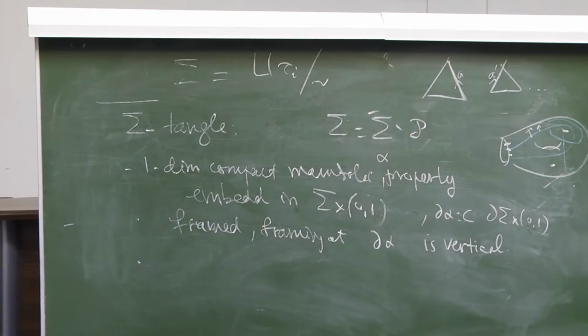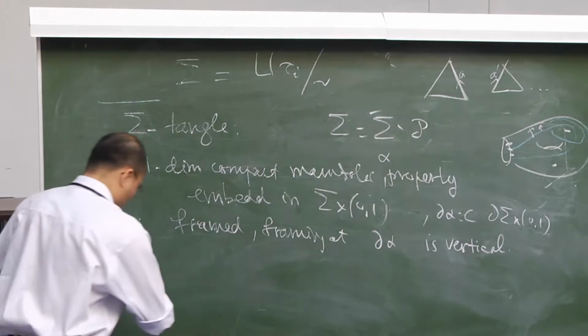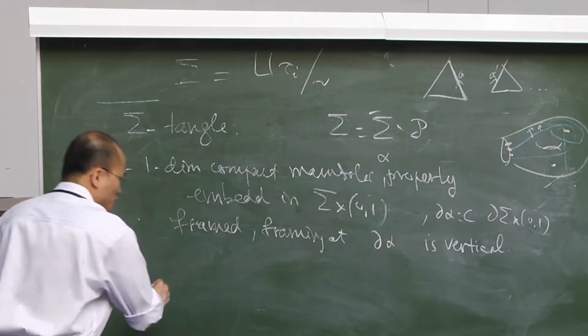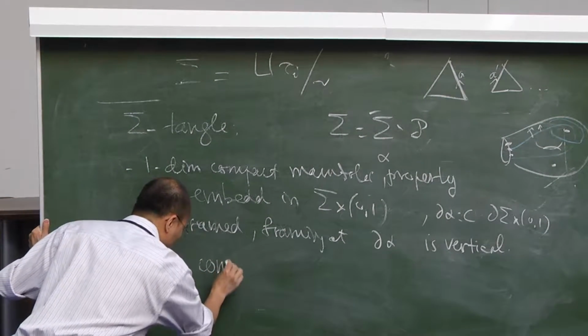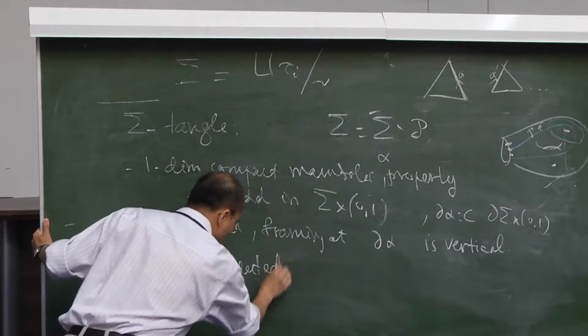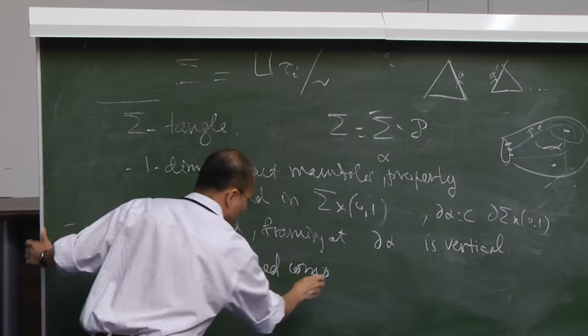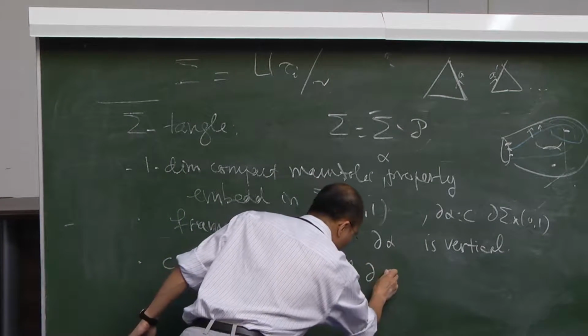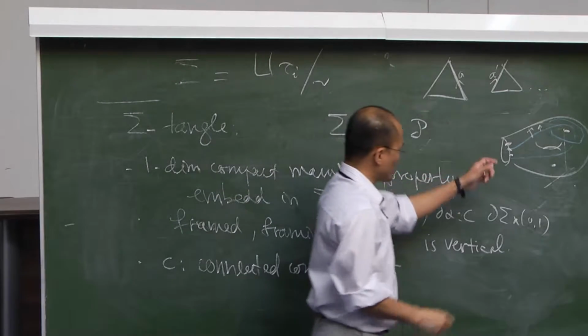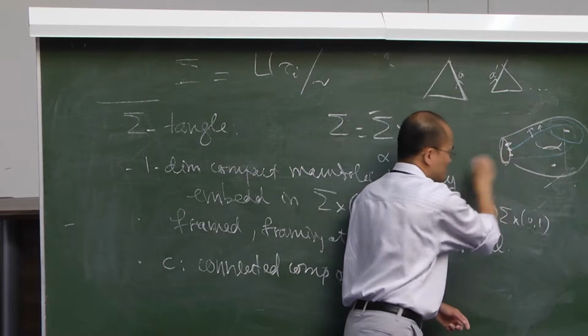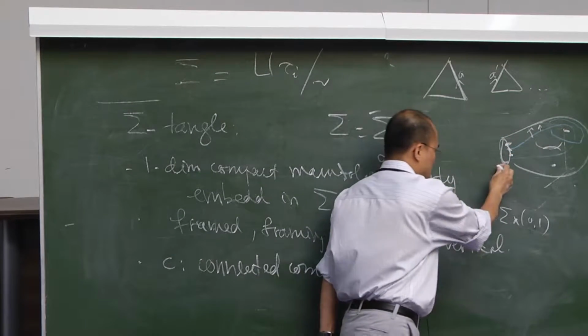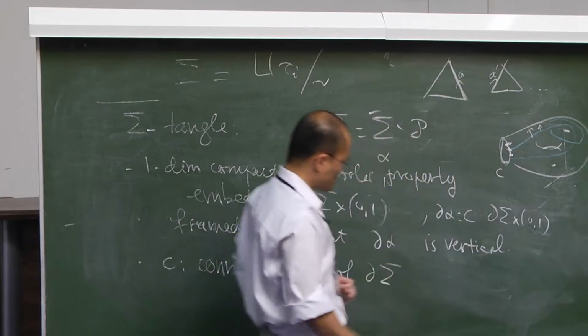And the last one is very important. So if you look at it, C is a connected component of this sigma. So for example, in this case here, I have 2 connected components. One is here and another one is here. Okay, so this is C. C is one connected component.